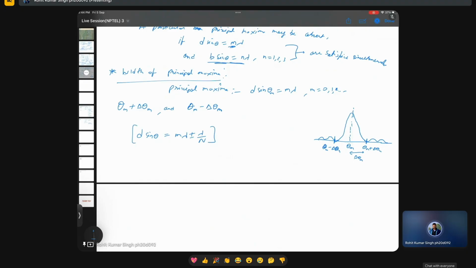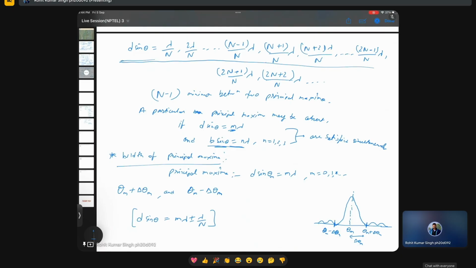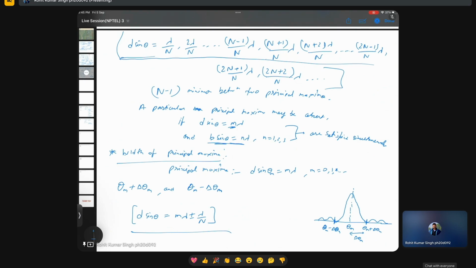Can you understand it? In general, this equation can be written like this. Are you okay with it? Because you can put m equal to 0, then you will get these sets, right? Then you put m equal to 1, you will get this set, and so on. So this long equation can be written in a concise way like this.